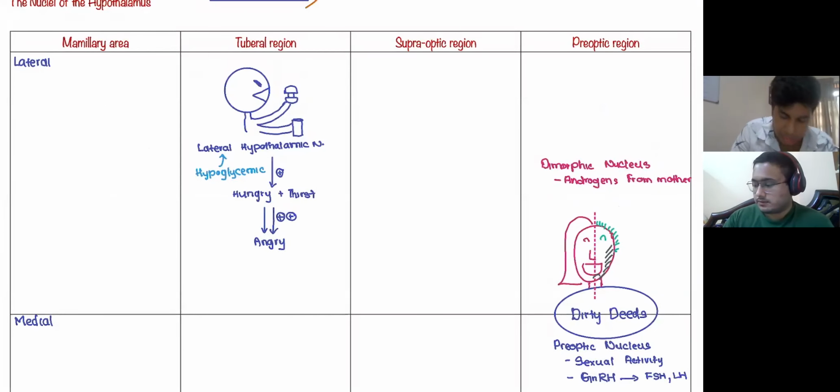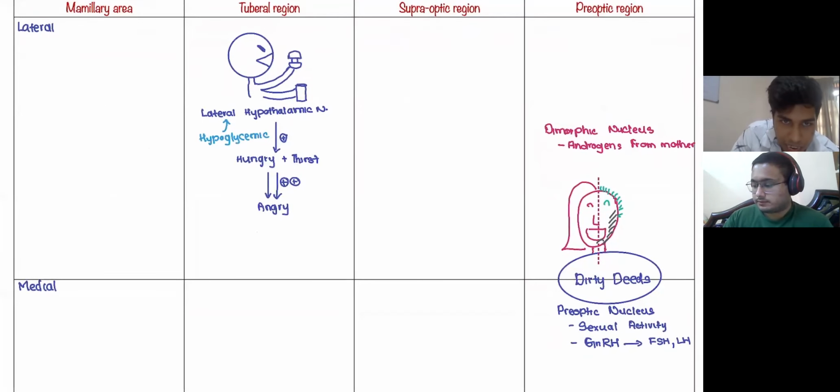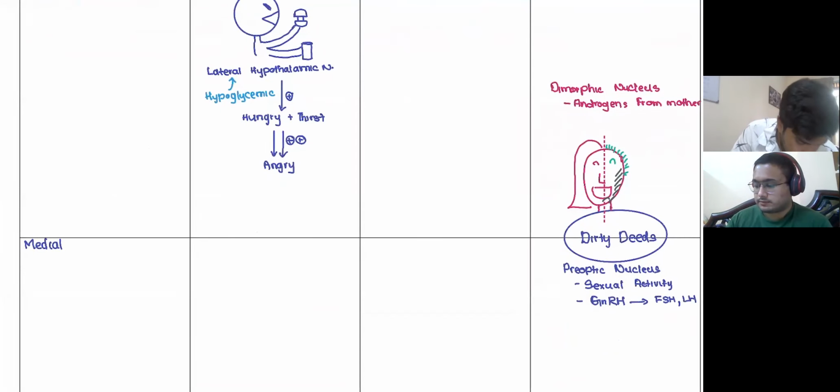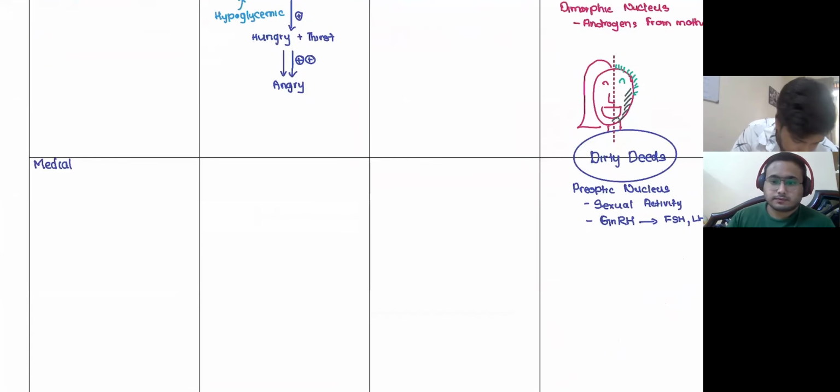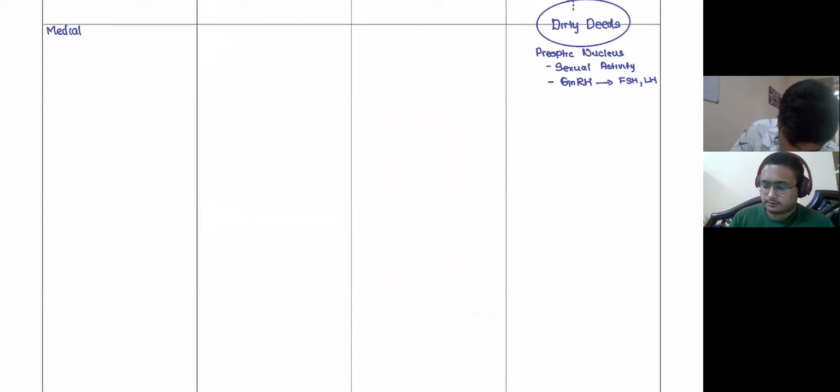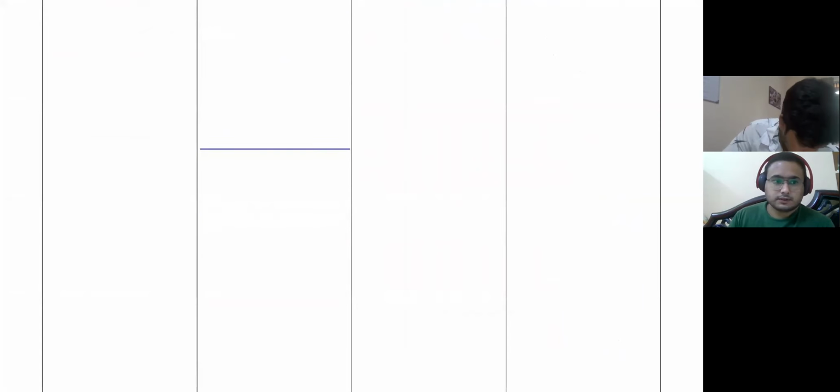I want to talk about this nucleus, which is going to be about hunger and thirst. So there must be one more nucleus which is related to satiety. That is, once you are done eating, a nucleus must activate. So that nucleus, I should draw it below.